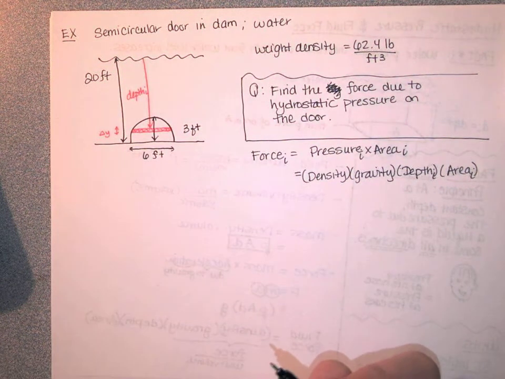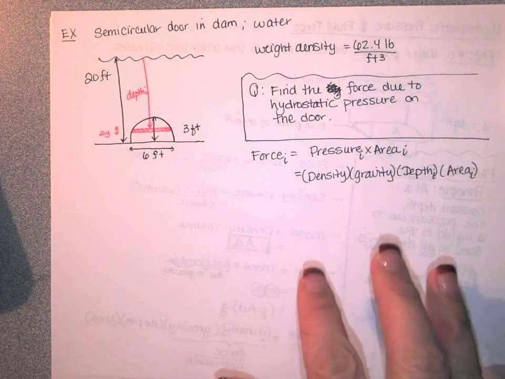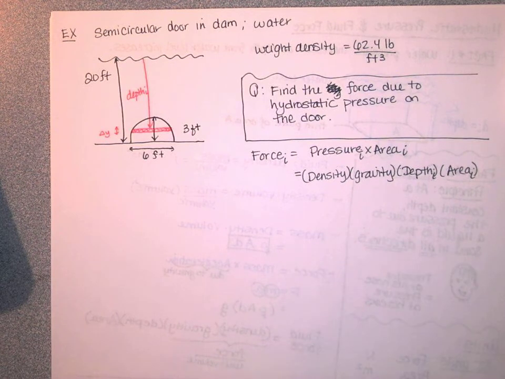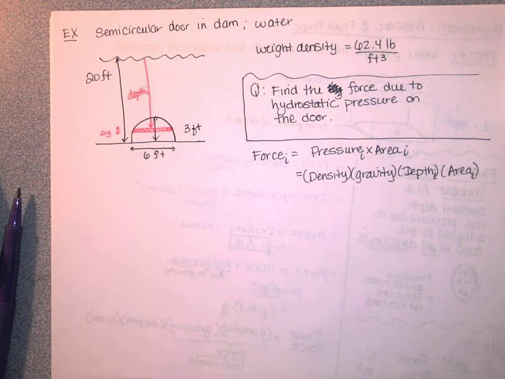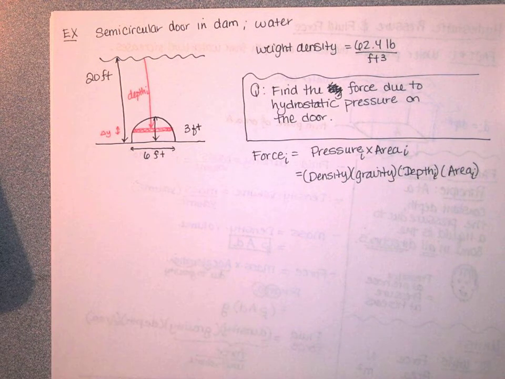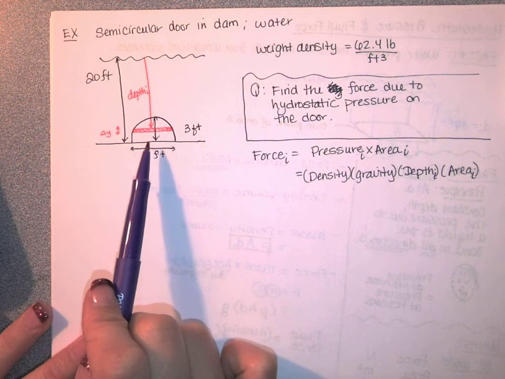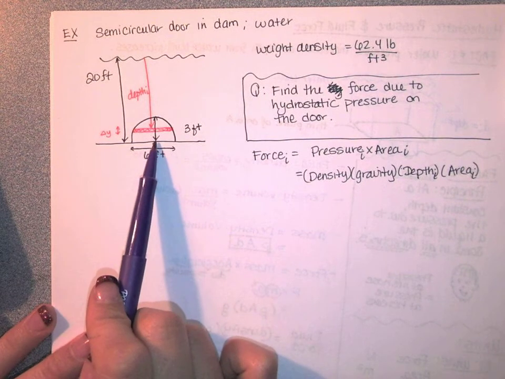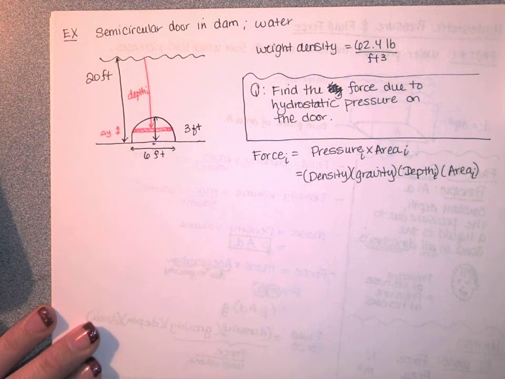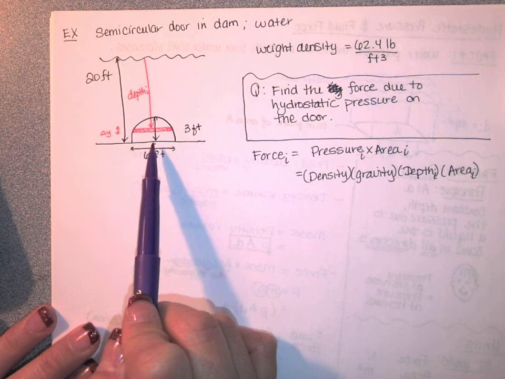Now, in order to write an integral for this, I need to decide on my coordinate system. This time our coordinate system was not given to us, so we have to choose. It's completely up to you, but for most of these problems there is symmetry. If I've got a semicircular door, there's a lot of symmetry about the center of the circle. So with that in mind, I'm going to choose my origin.